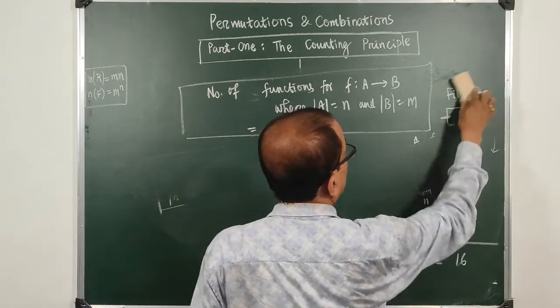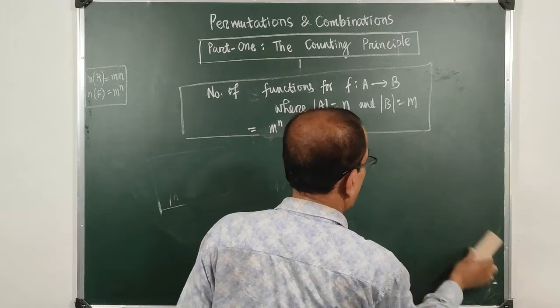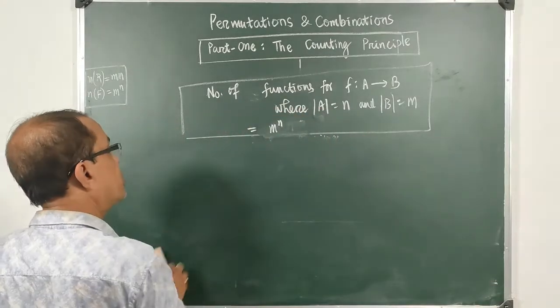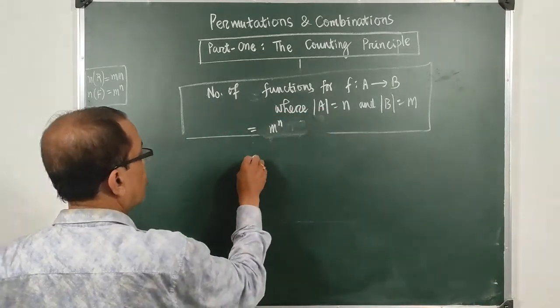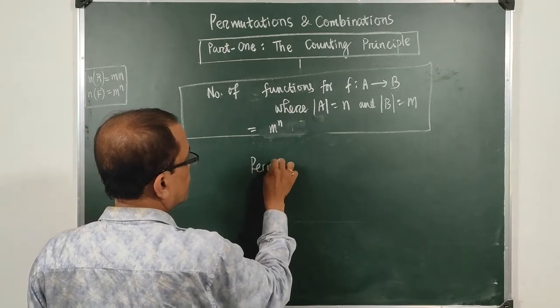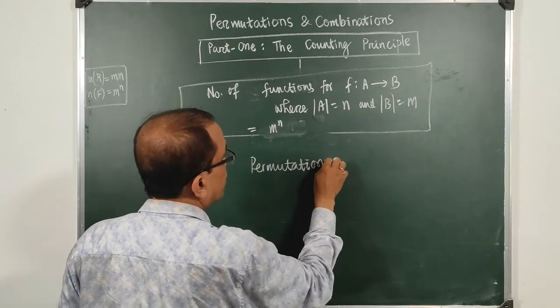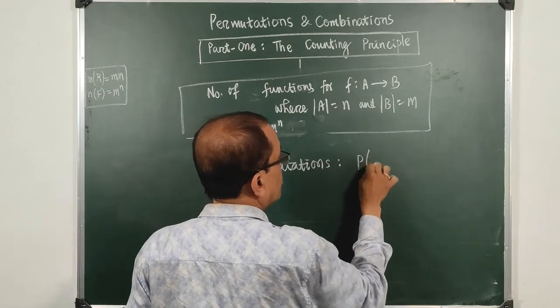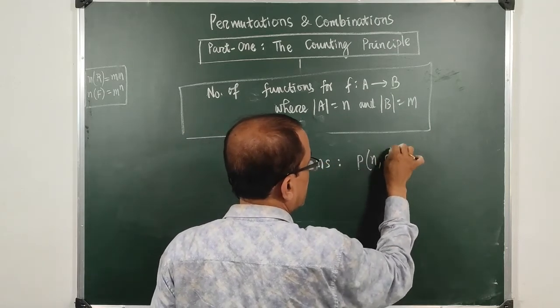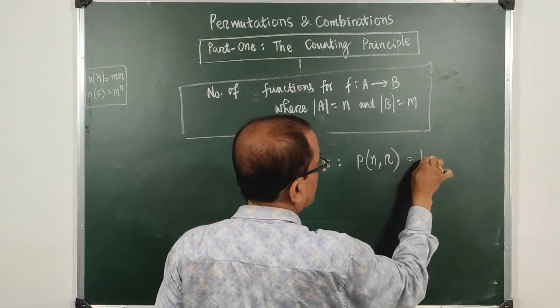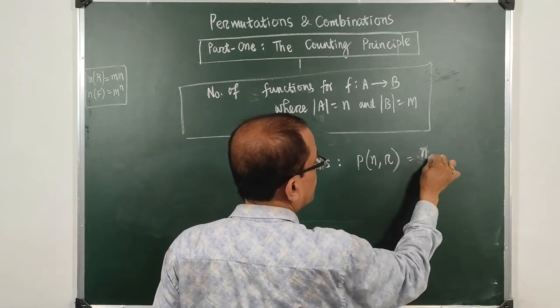And here we end this section, the counting principle, and in the subsequent classes we shall go for permutations, where you shall learn about the permutations of n things taken r at a time, or nPr.